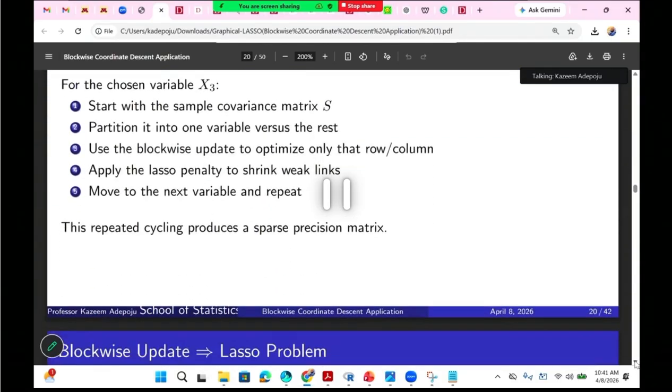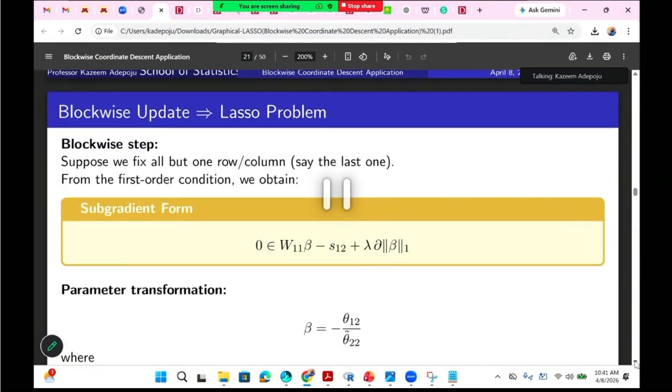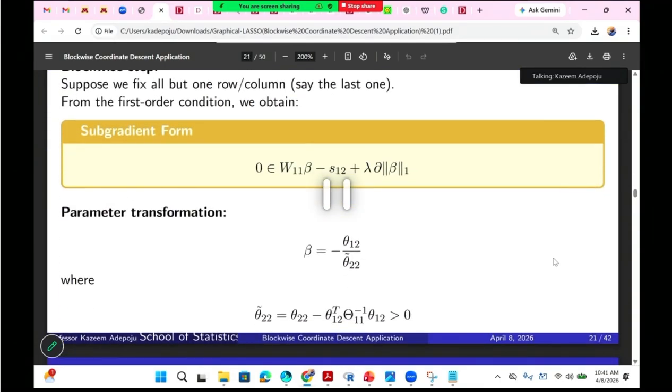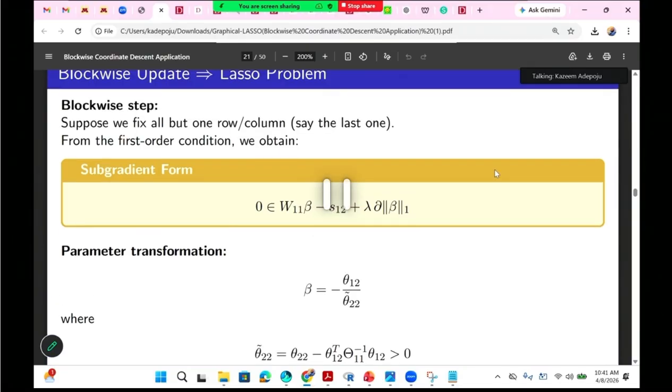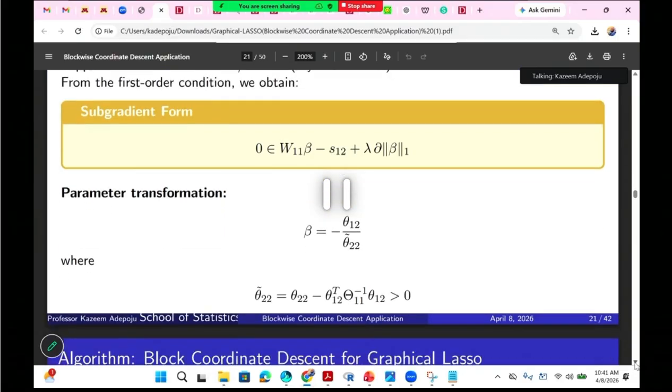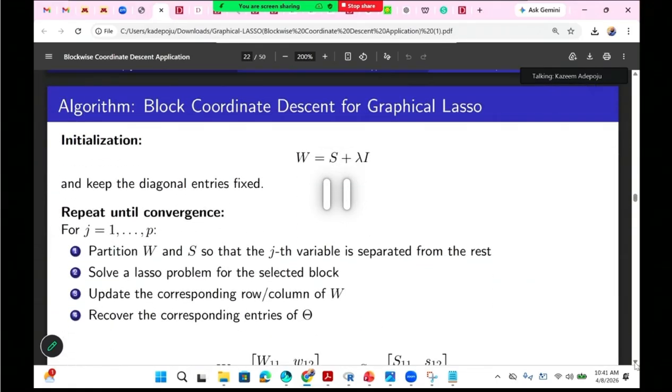Okay, so that's a summary of everything that we've done, and this is actually telling us the parameter transformation. The beta is just going to be the negative ratio of that. Okay, so we have that equal to that. Now, I was talking about the working covariance the other time.